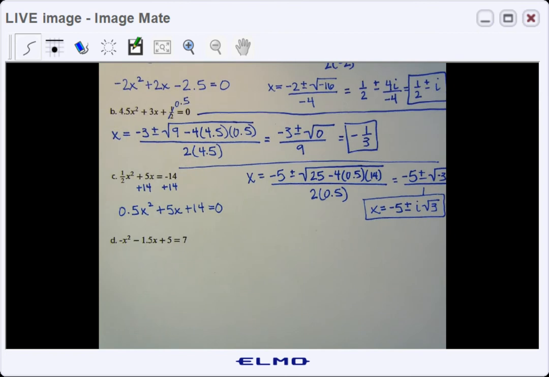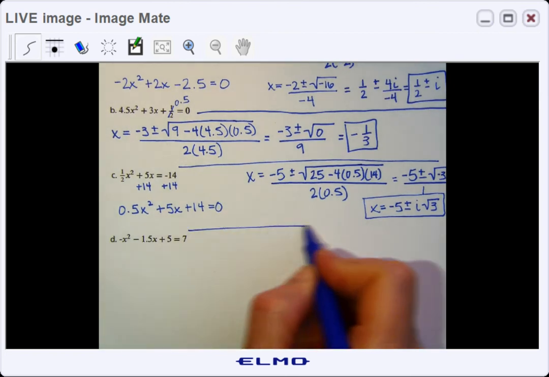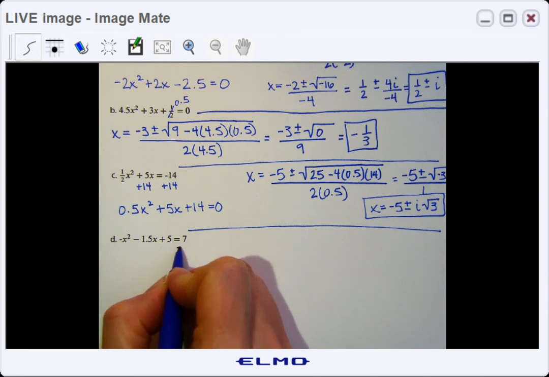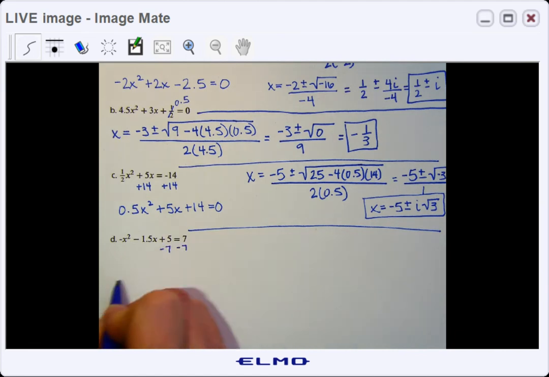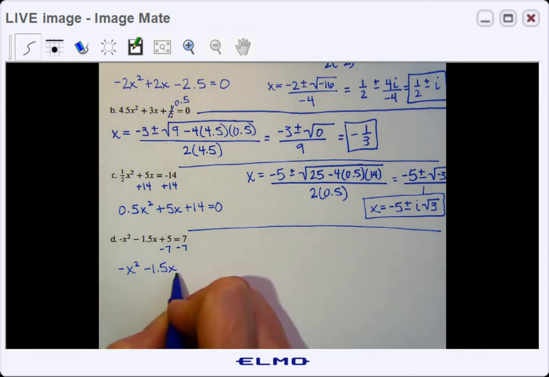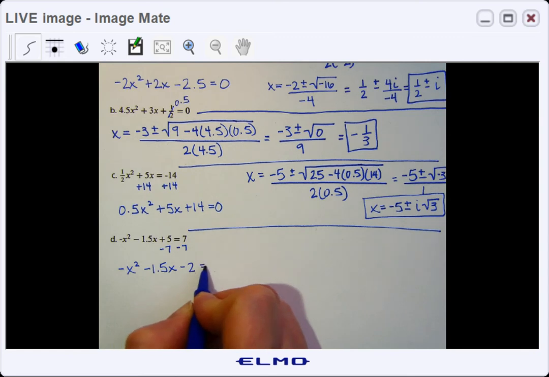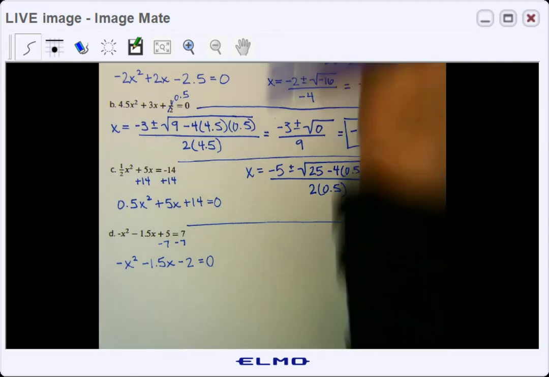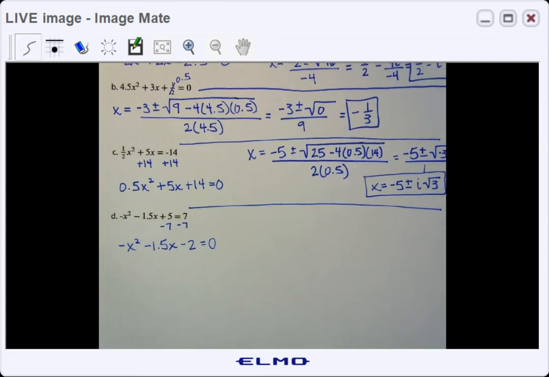And then finally, problem D. It's currently equal to 7. I need to change that by subtracting the 7. So -x squared, so a is -1, minus 1.5x, so b is -1.5, and then minus 2, so c is -2, equals 0. All right, so here we go.